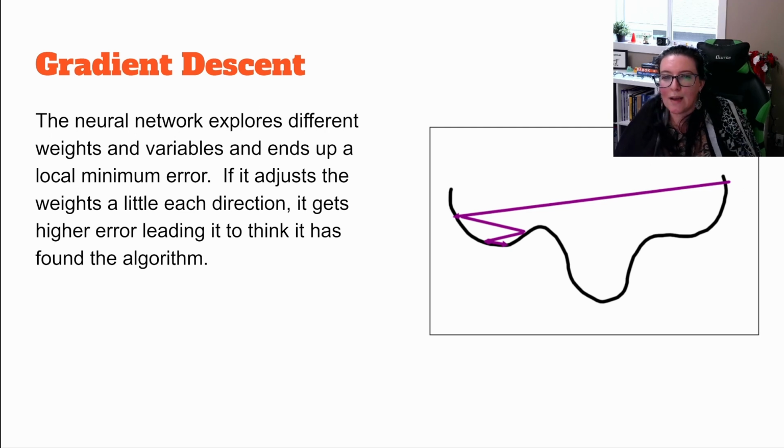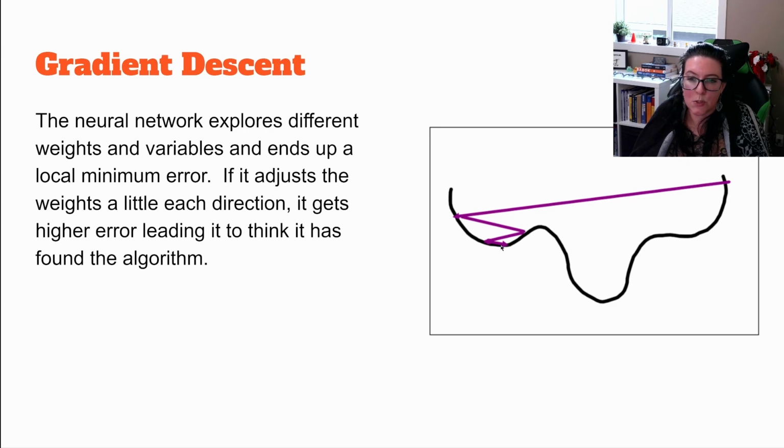So we need to recognize that we need those metrics to help improve the model and have it adjust the weights to get it lower, but also that we need to go through the whole process multiple times, because it's quite possible that it'll go through and find something that minimizes the mean square error and think it's found a solution, but it's simply in a local minimum as opposed to a global minimum.